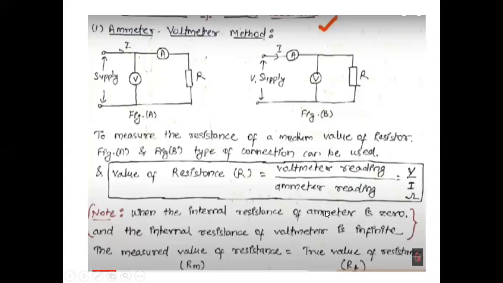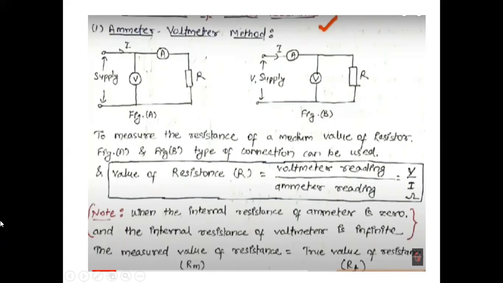When the internal resistance of the ammeter is zero and the internal resistance of the voltmeter is infinity, then the measured value of resistance is the true value.